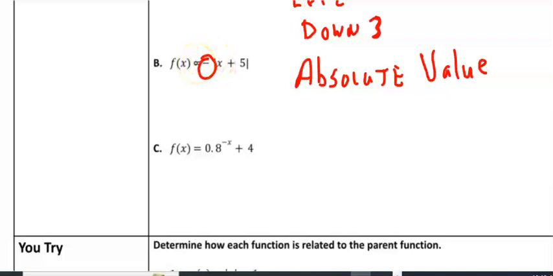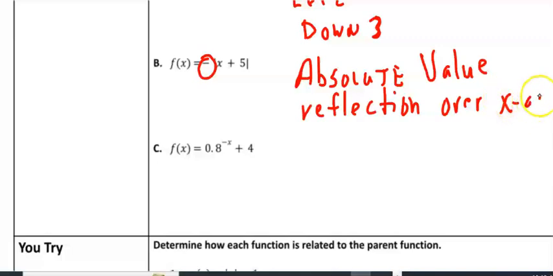So I'm negating the y's, which means I'm going to reflect across the what? The x-axis. So I get a reflection over x-axis. Okay? Agreed? And then I'm going to shift it which way? Left 5. Remember, imposter, it's on the inside.